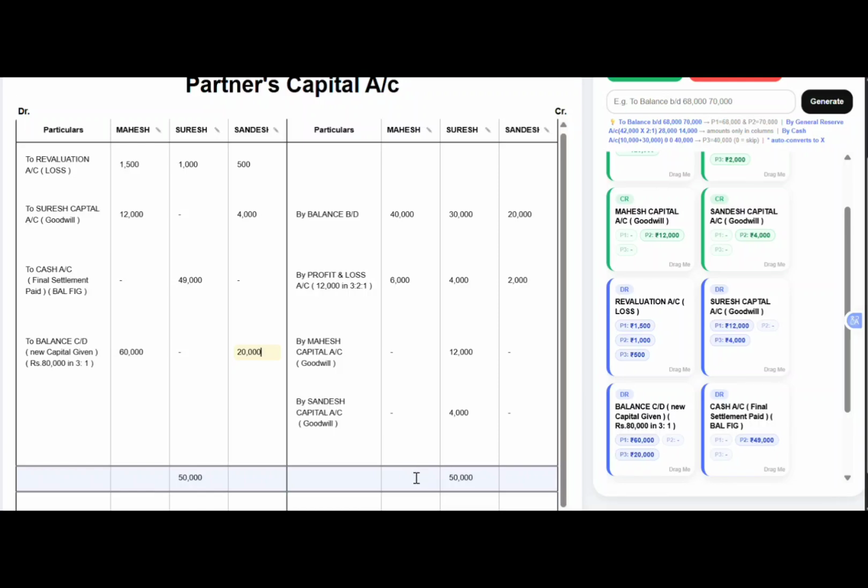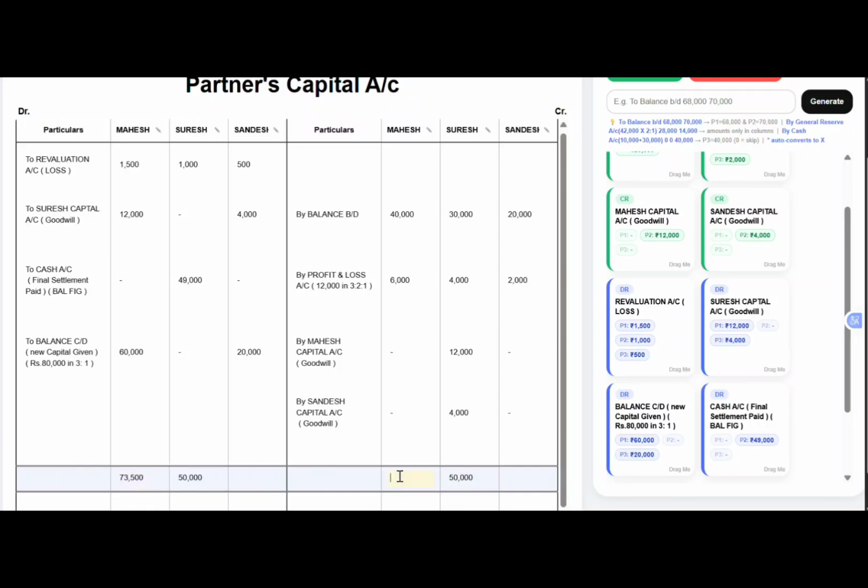The total of the credit side of Mahesh is 46,000, whereas on the debit side it is 73,500. So 73,500, that is debit side is higher. So we are going to write the debit side total 73,500 on both the sides.